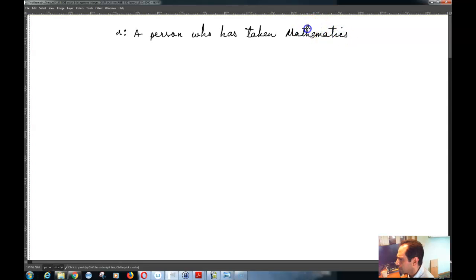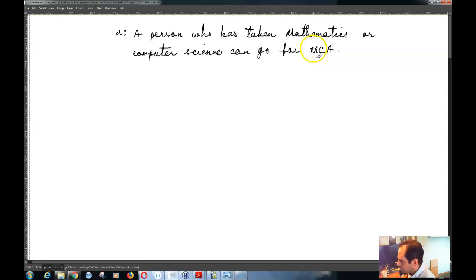Number 3: a person who has taken mathematics or computer science can go for MCA.